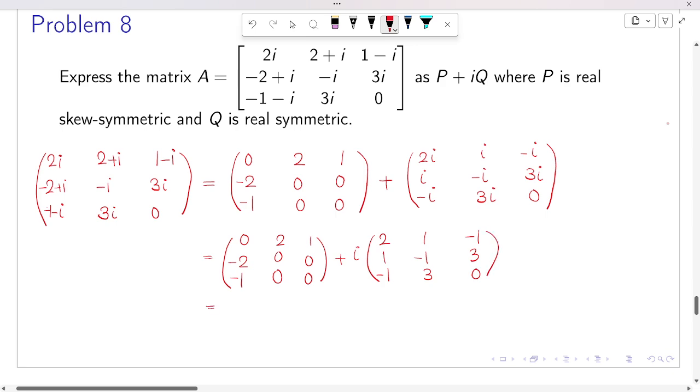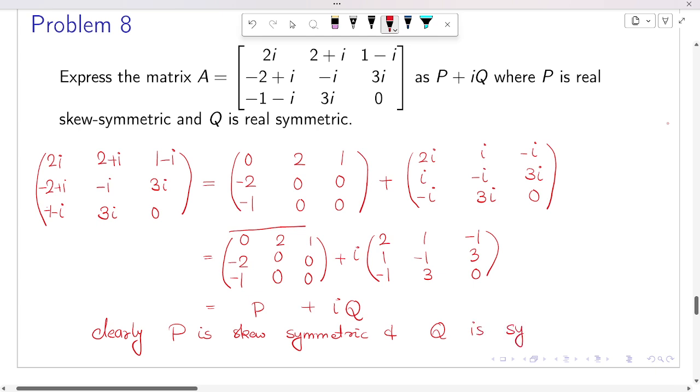Clearly, write this matrix as P and this matrix as Q. Clearly this matrix is skew symmetric, and Q is symmetric. So we are done with this problem.